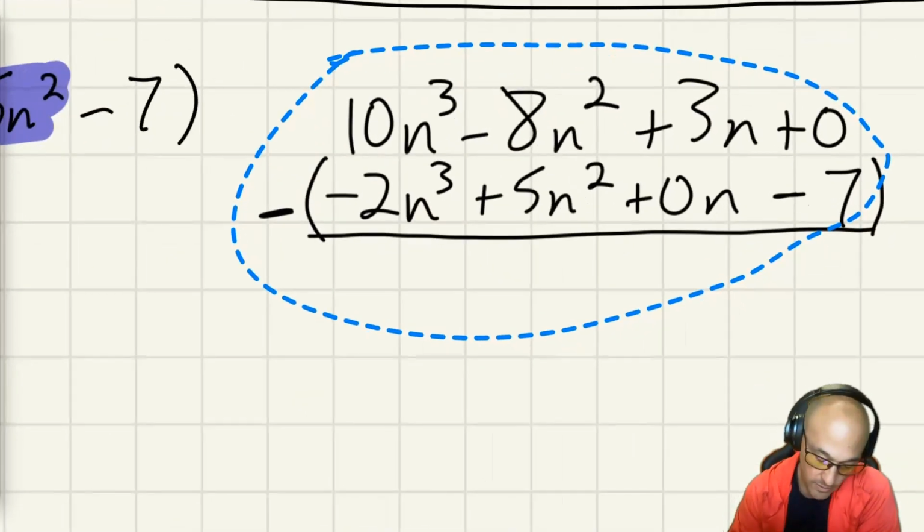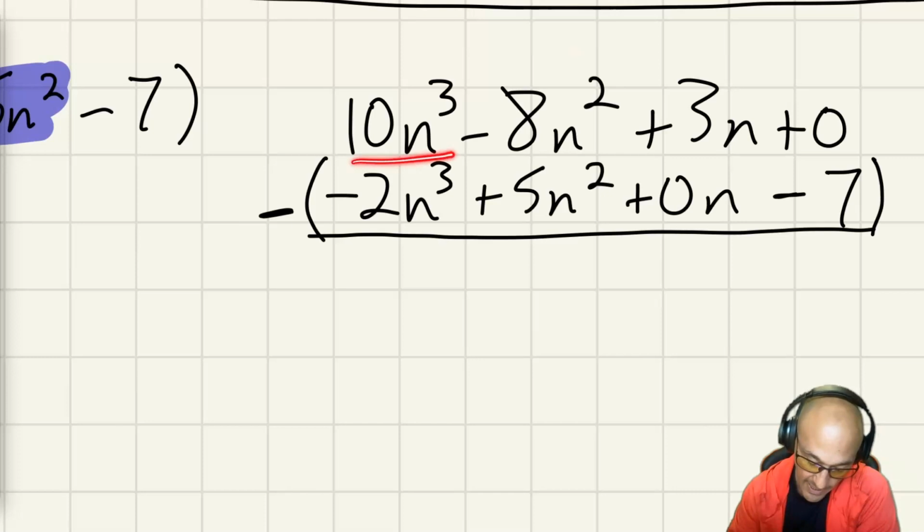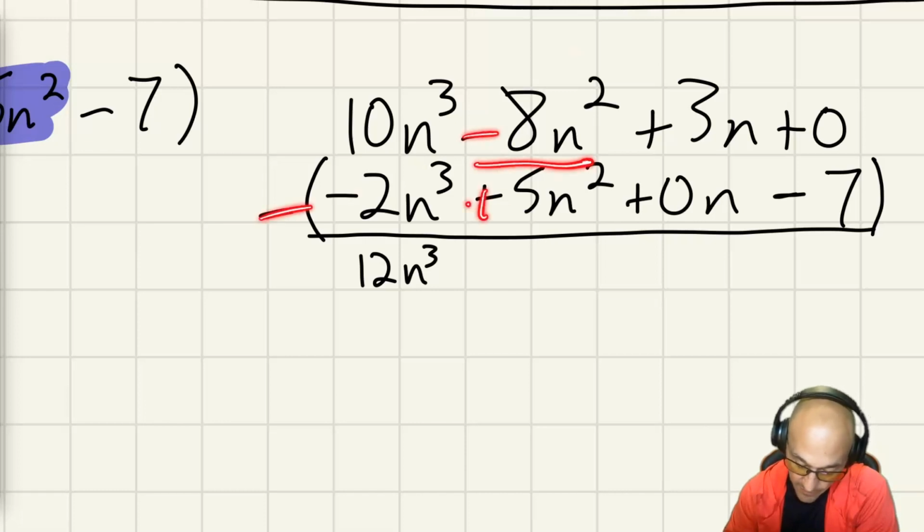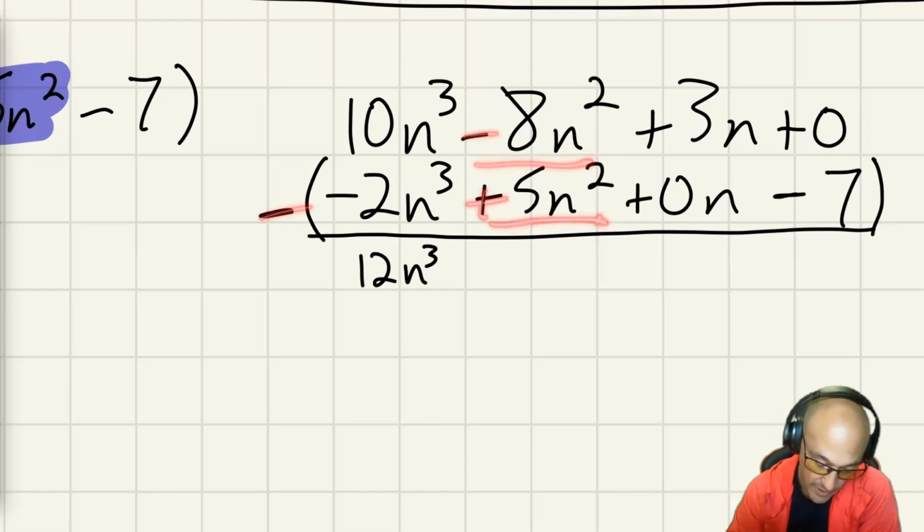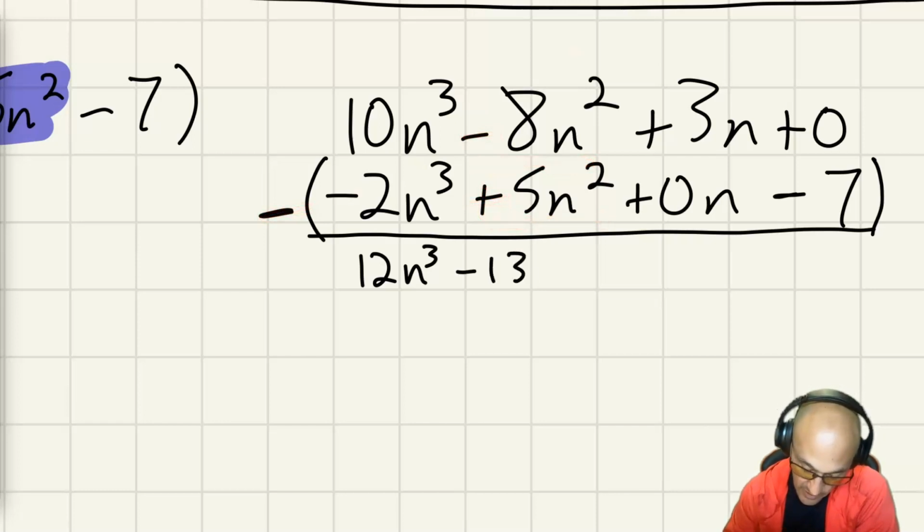All right. So now we have a 10n cubed minus a -2n cubed is positive 12n cubed. -8n squared minus a positive 5n squared will be -13n squared.